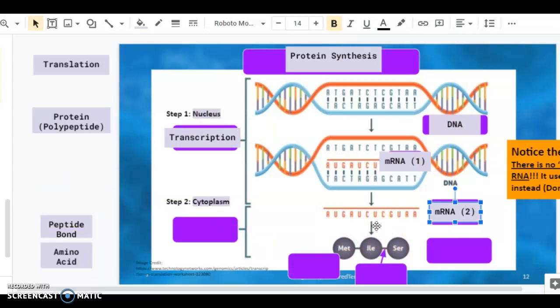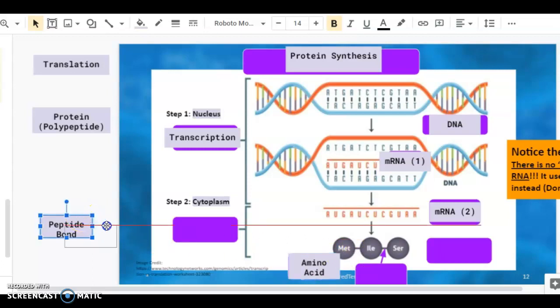In the cytoplasm, it's going to meet up with a ribosome, and that ribosome is going to allow it to put together amino acids like this methionine, abbreviated MET. They will be bonded to each other in a chain by peptide bonds.